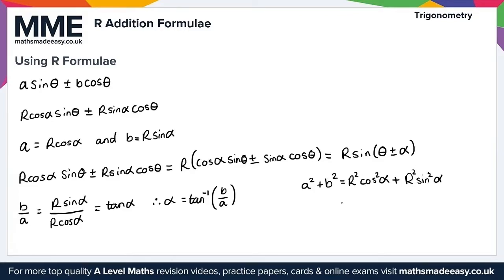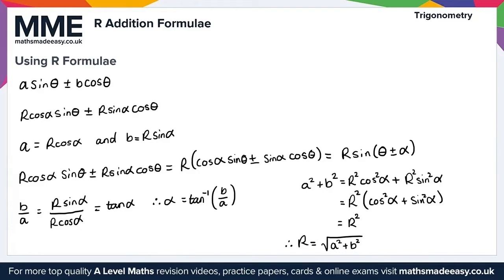Because that would just be equal to R squared times cos squared alpha plus sine squared alpha. And in that case, that would just be equal to R squared. So in that case, we know R is equal to the square root of A squared plus B squared then.